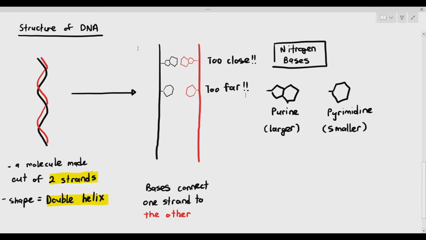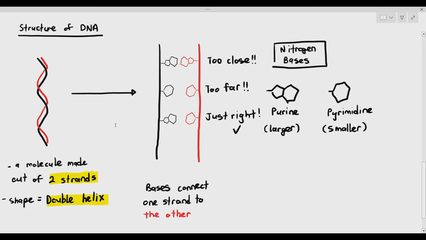Also, if one side had pyrimidines and the other side also had pyrimidines, it will be too far for them to form a chemical bond with each other. Therefore, they understood that if one side has to have purine, the other side has to have pyrimidine. That's when the distance is just right.